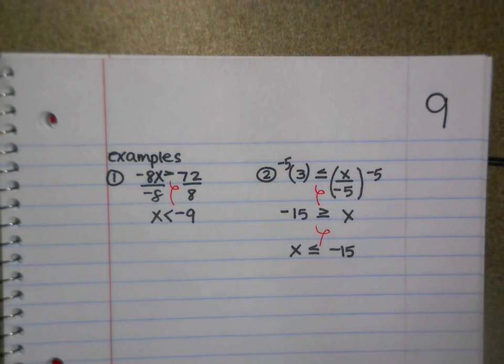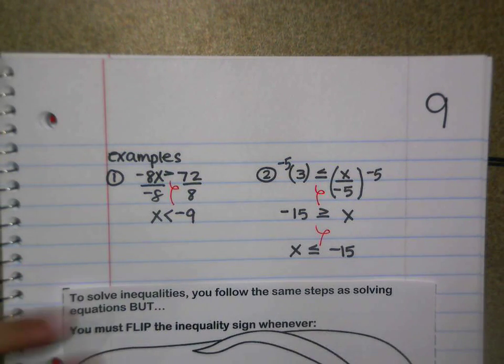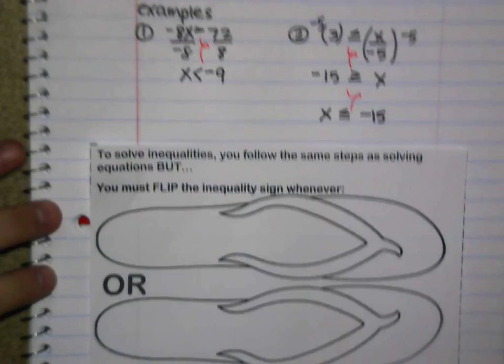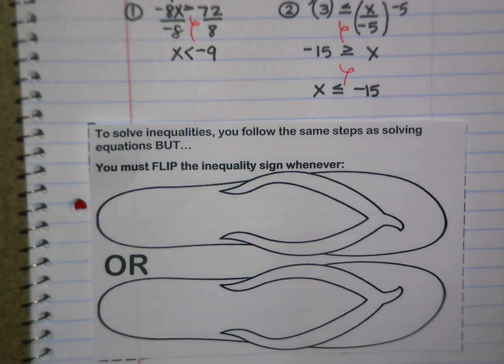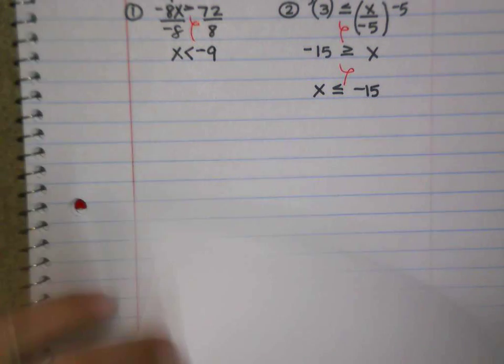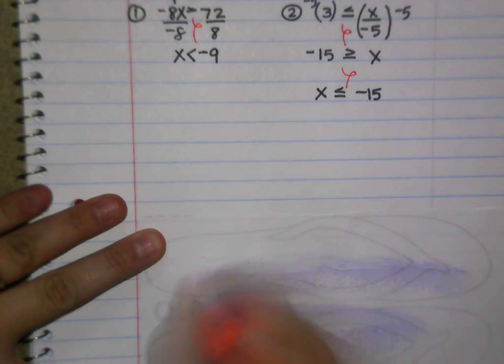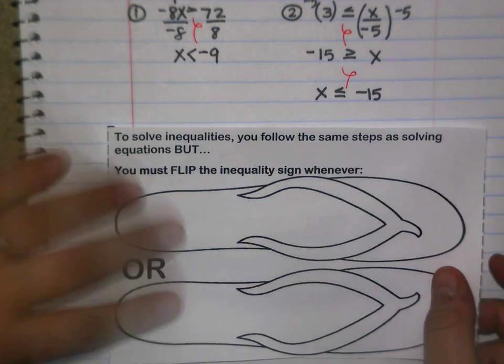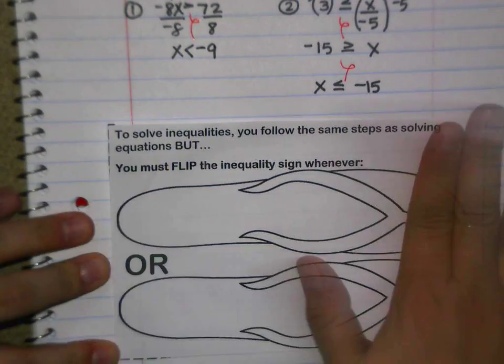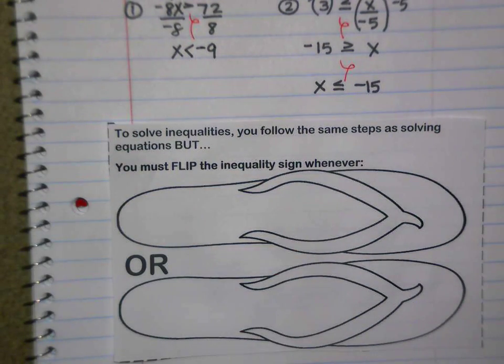The next step is you're going to need to go ahead and get a copy of this little diagram, worksheet, whatever. You're going to put some glue on the back and you're going to glue it in right below here, because this is the flip-flop rule. Remember, there are 2 reasons that we would flip an inequality.